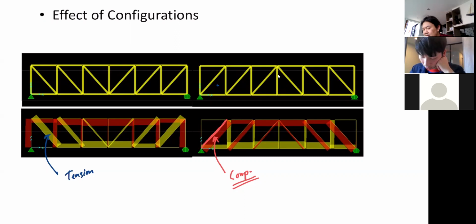So now with this configuration, you have the longer member taking compression. So engineering wise, this is not very efficient, don't you think? While in the configuration on the left, you have the longer member under tension.